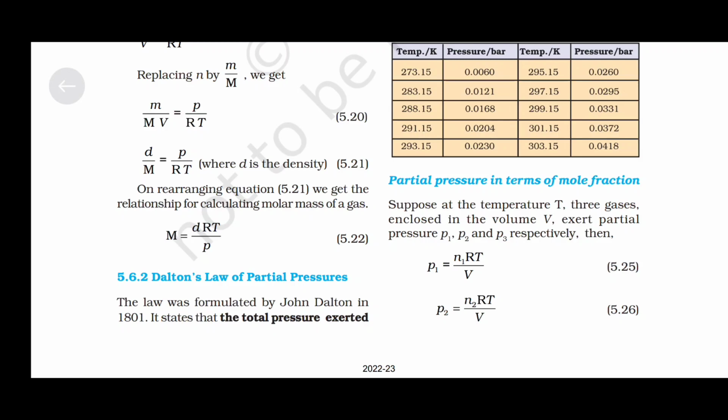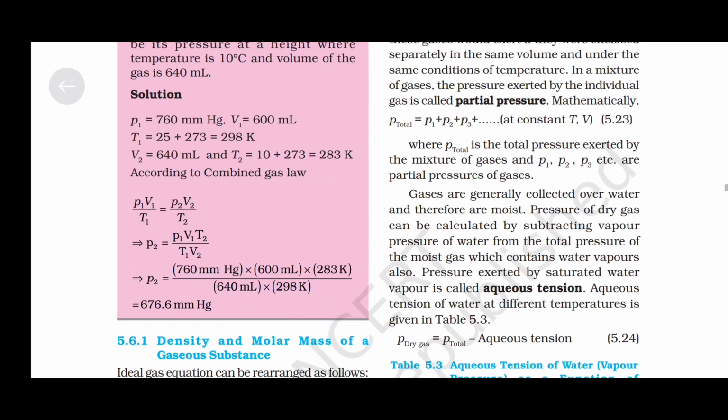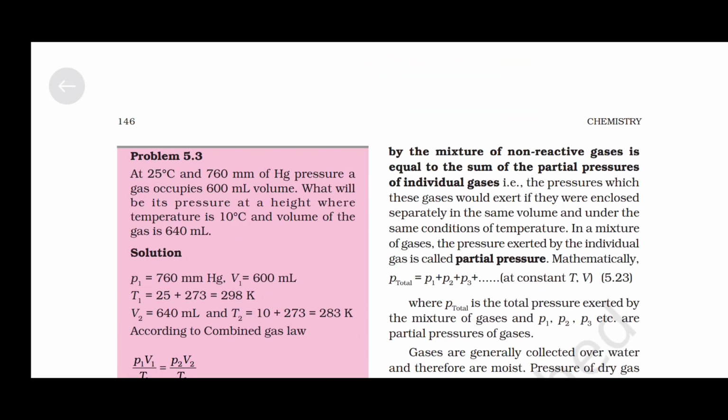Dalton's law of partial pressures. The law was formulated by John Dalton in 1801. It states that the total pressure exerted by the mixture of non-reactive gases is equal to the sum of the partial pressures of individual gases. That is, the pressures which these gases would exert if they were enclosed separately in the same volume and under the same conditions of temperature.